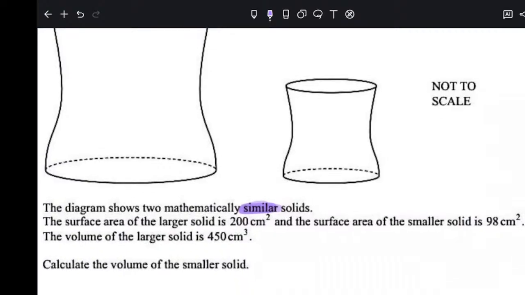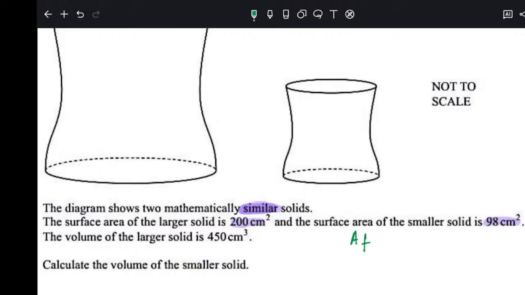Now, if I am in similarity, I have to find what has been given for both shapes. Surface area of the larger and surface area of the smaller. Oh, so I'm going to be relating with area factor here.